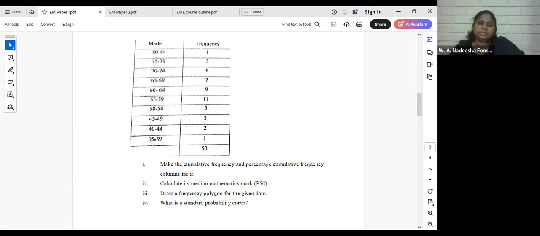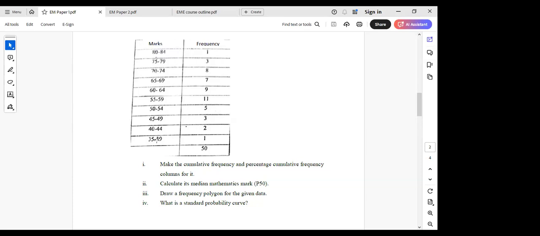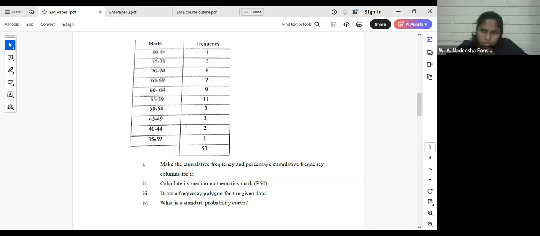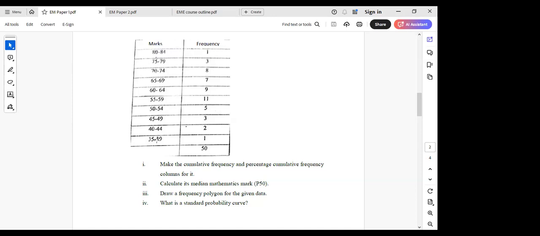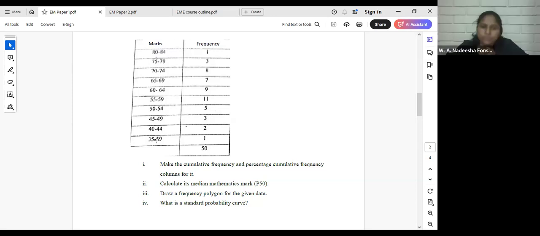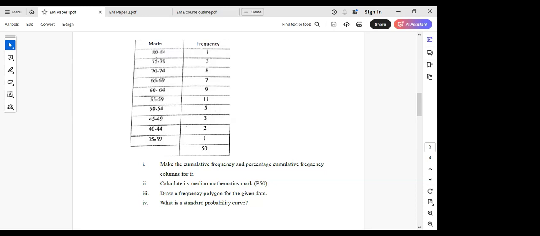In the x-axis, you have to start from which number? 30? 34.5. Yes. Then the last one is 84.5. Yes, 84.5. Nice.